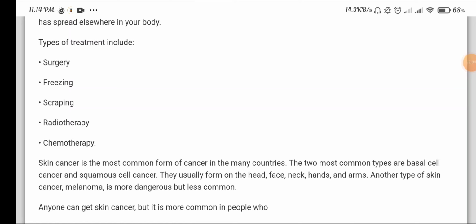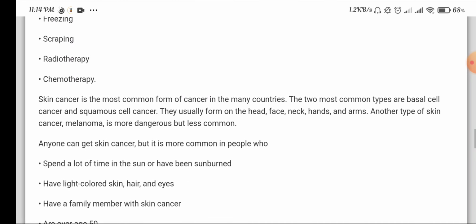Skin cancer is the most common form of cancer in many countries. The two most common types are basal cell cancer and squamous cell cancer. They usually form on the head, face, neck, hands and arms. Another type of skin cancer, melanoma, is more dangerous but less common.